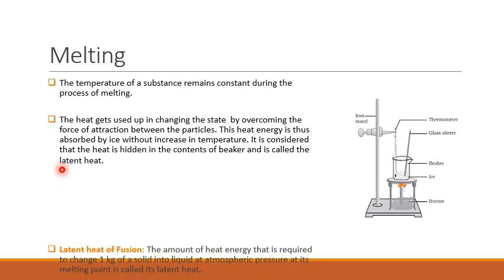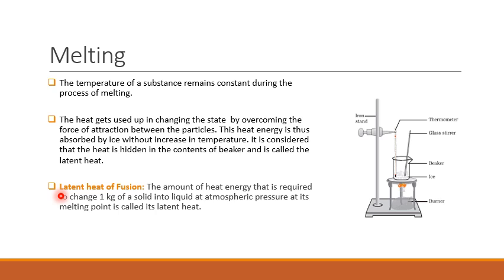Now let's see the definition of latent heat. Latent heat of fusion: the amount of heat energy that is required to change 1 kilogram of a solid into liquid at atmospheric pressure at its melting point is called the latent heat of fusion.